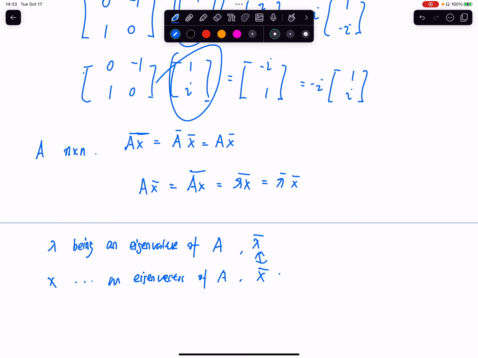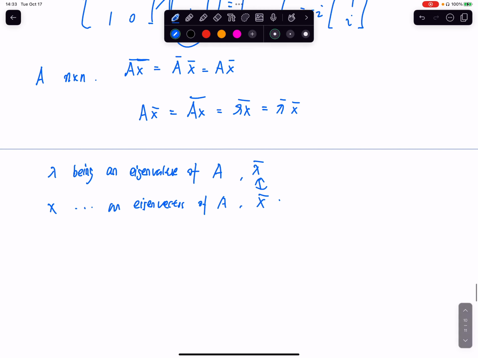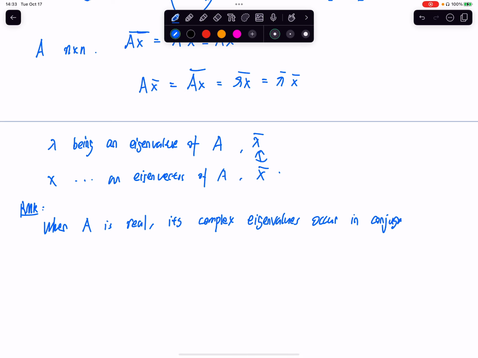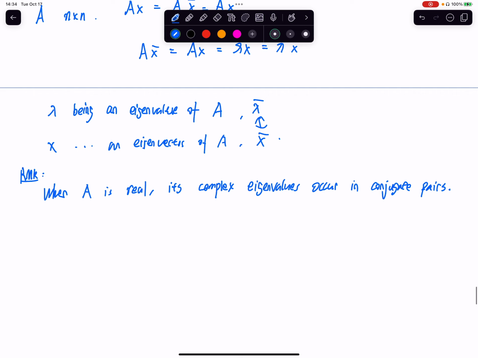This shows that when A is real, its complex eigenvalues occur in conjugate pairs. So this is important. And now we state a result to end our lecture.